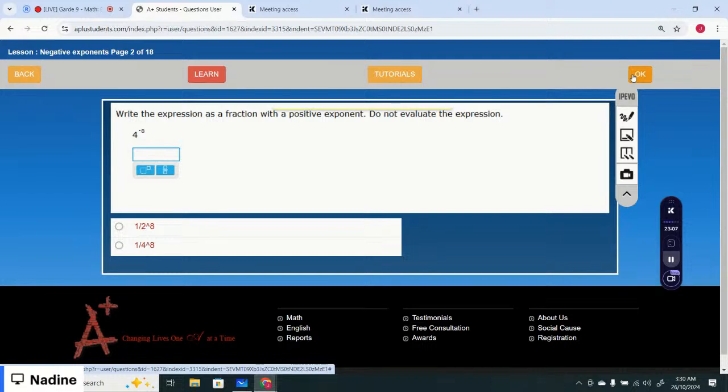Write the expression as a fraction with a positive exponent. So which is the correct option?